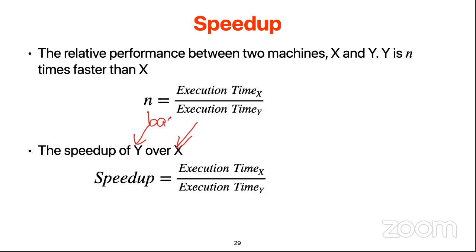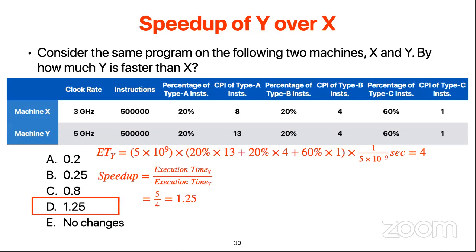So if Y is the new design and X is the baseline, the speedup of the new design over the baseline is the execution time of the baseline over the execution time of the new design. So that's the speedup.